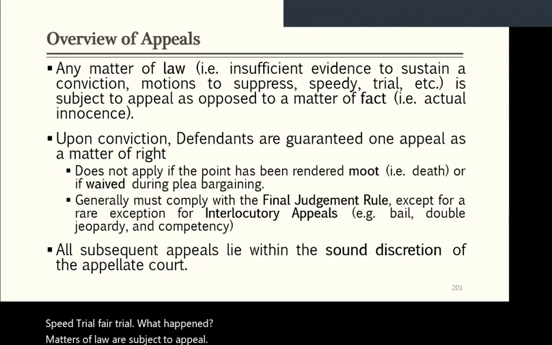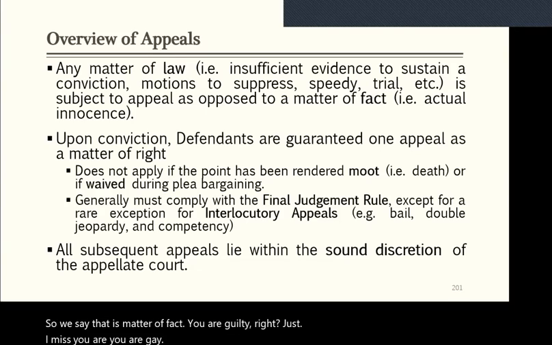Matters of fact are not. So on appeal, you generally cannot claim that you are actually innocent because you've been found guilty, right? And the appellate court, you've been found guilty. So we say that as a matter of fact, you are guilty, right?